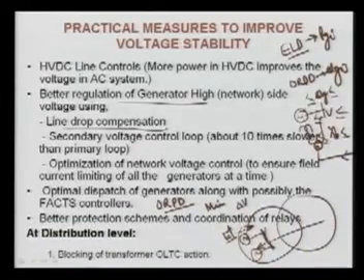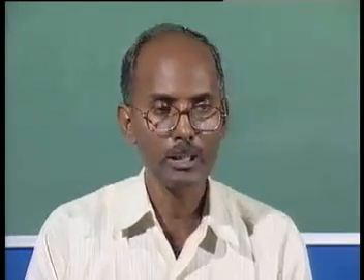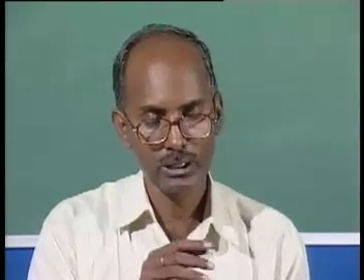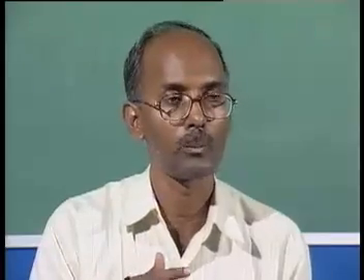At the distribution level, what we can do, we have seen the reverse action of the transformers, that is OLTC action, whenever there is a problem, because as I said, if you are changing the voltage from one level to another level, there is a possibility that you can land up in an unstable case.